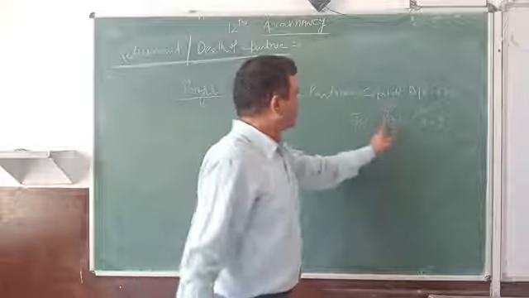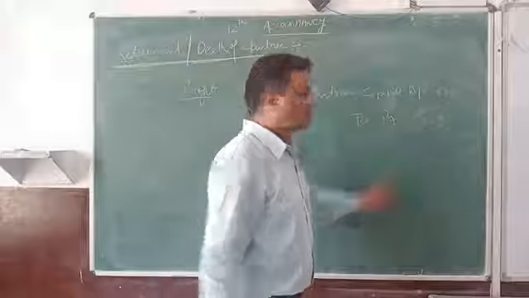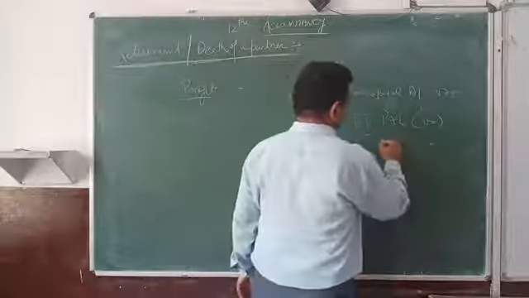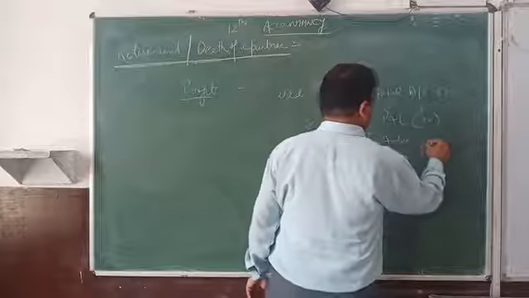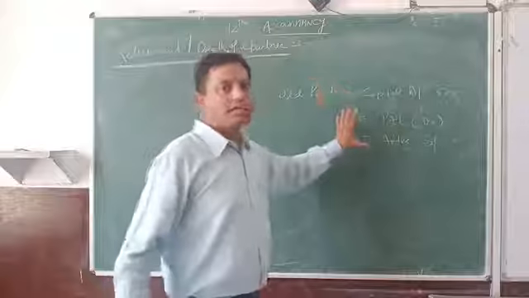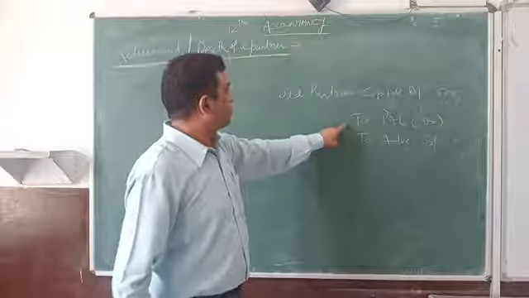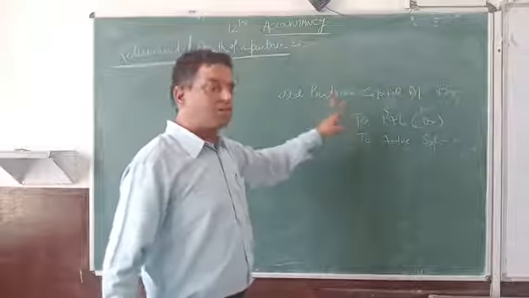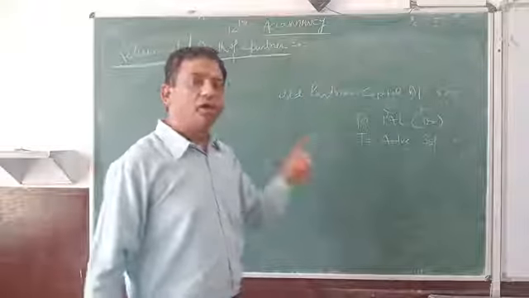Why debit? Because profit and loss debit means debit balance means loss. To advertisement suspense account. These two items you will find on the asset side of the balance sheet, which you have to transfer to the old partners' capital account in their old ratio.